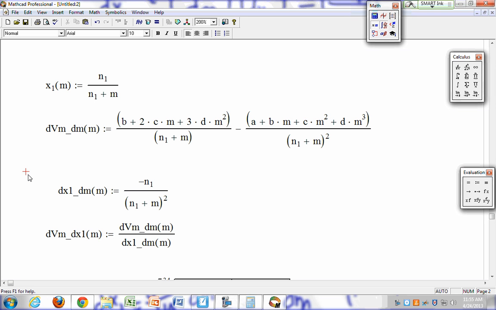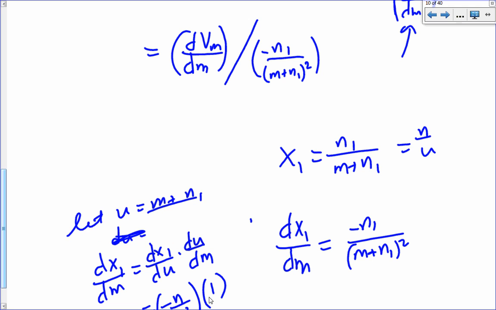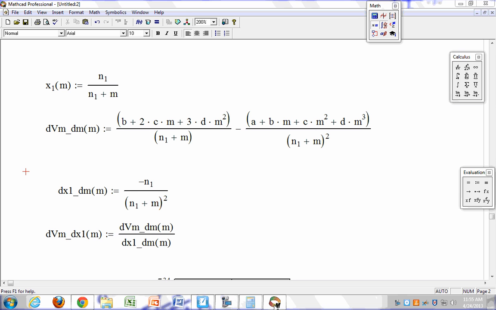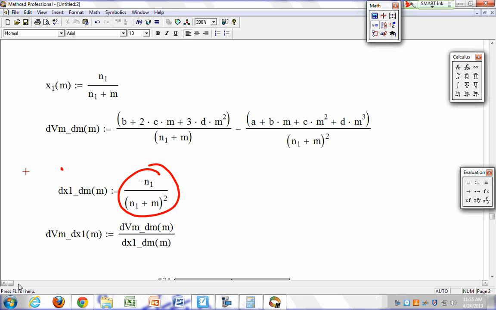We did that earlier, manually. It's just negative n1 over n1 plus m, squared. So that's what we have here: negative n1 over (n1 plus m) squared. That's dx1/dm, and this is dVm/dm. It's a function of molality.